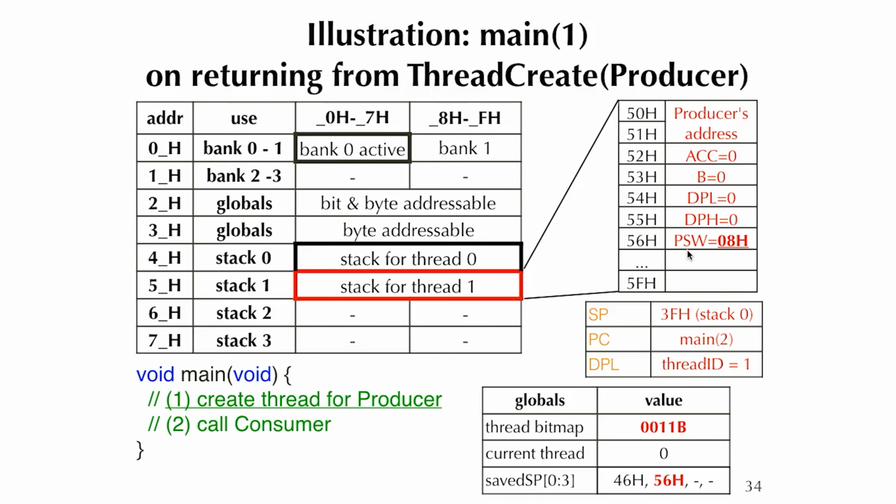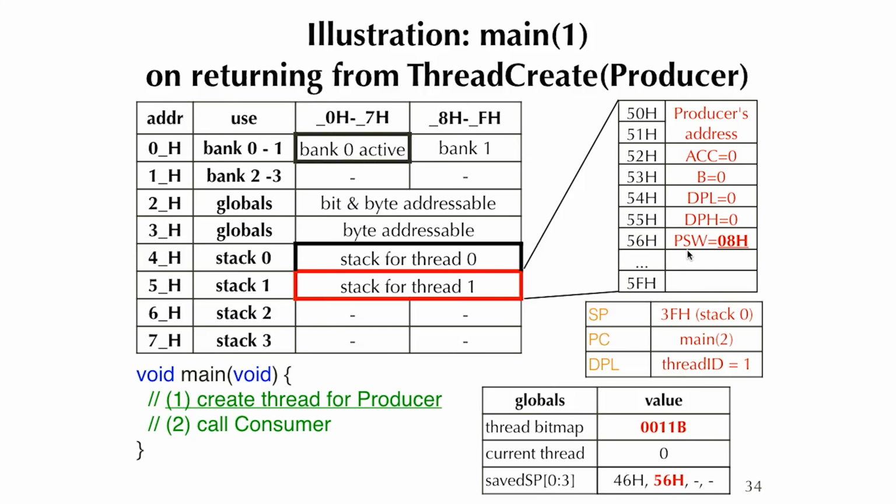Now PSW, on the other hand, is different. Why? Because remember, PSW includes the register select bits, right? Bits 3 and 4, and by restoring PSW, we also select which register bank it is. So the lower bits are 0, 1, 2, 3, and then the upper bits will be 4, 5, 6, 7, right? Now if it's binary encoding, 0 is 00, 1 is 01.